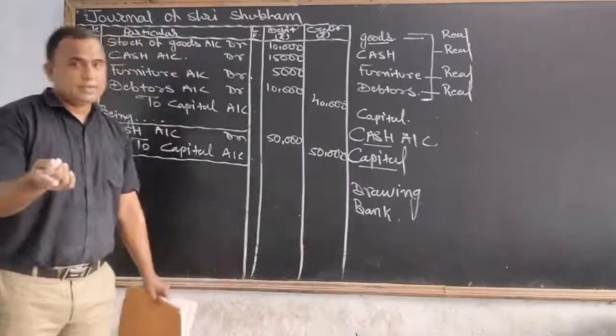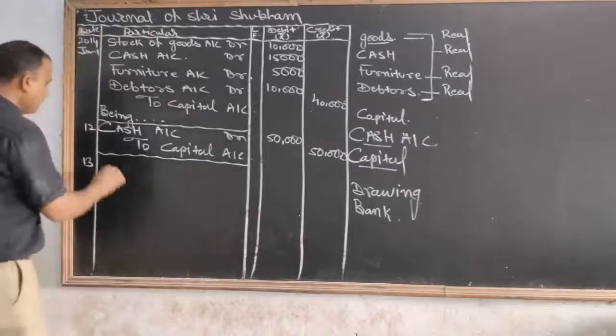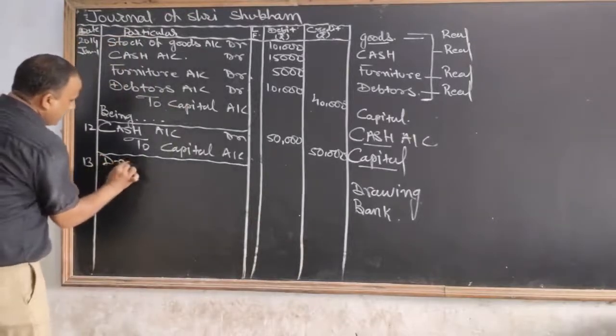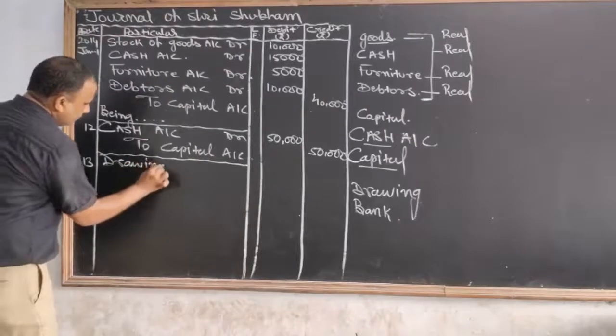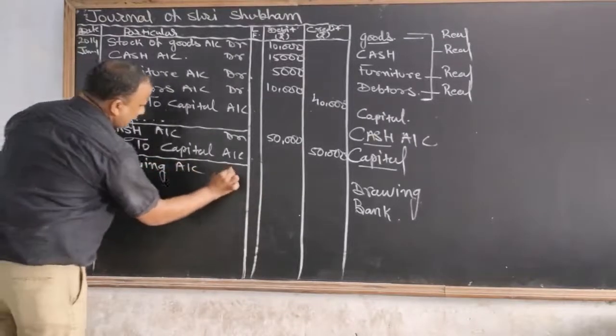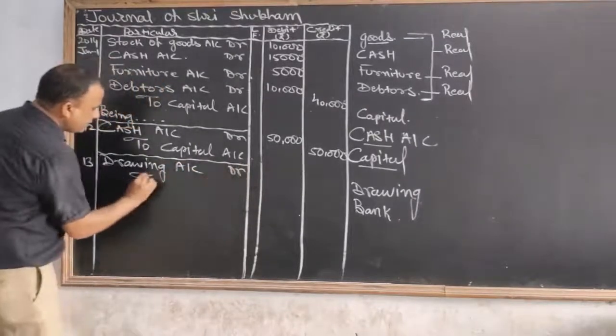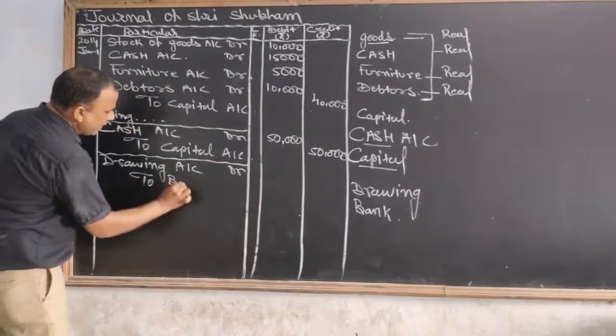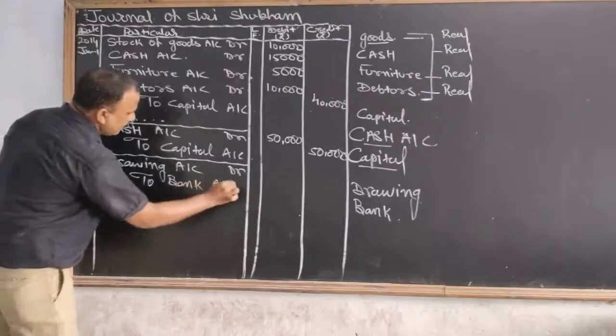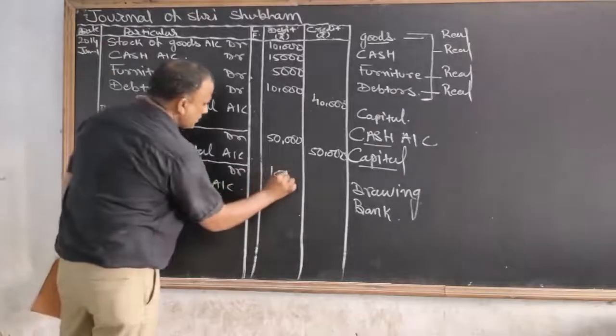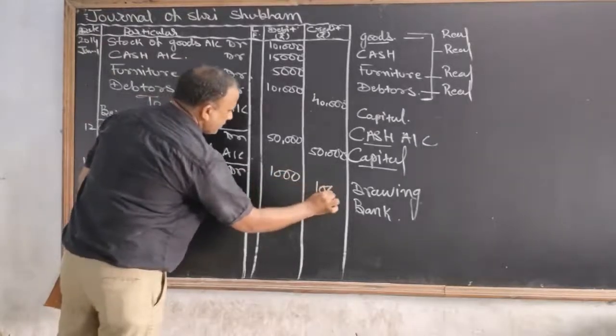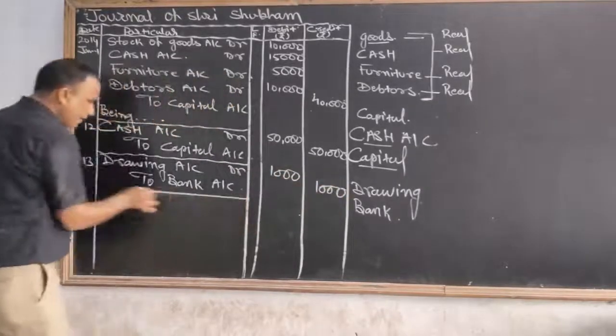Bank is a giver. That's why bank account is credited. So drawing account Dr., to bank account.